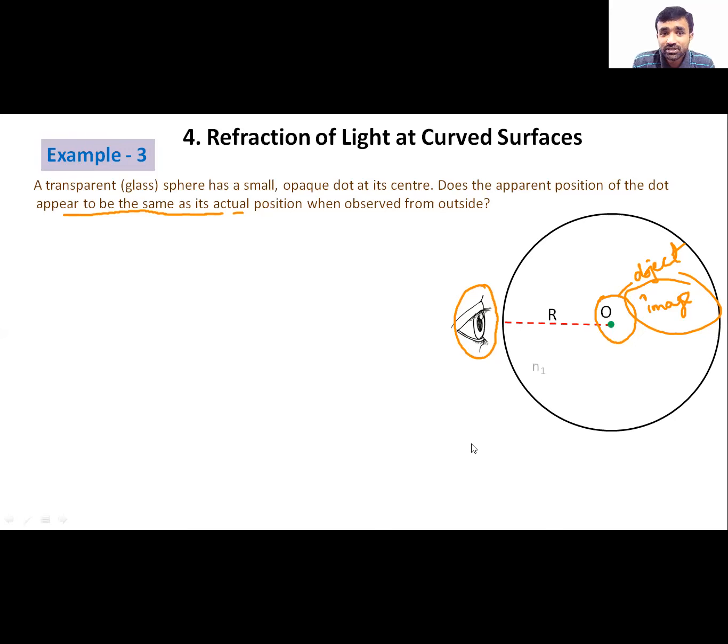So what surface are we dealing with? A curved surface, that is the sphere. So where is the object actually? In which medium?